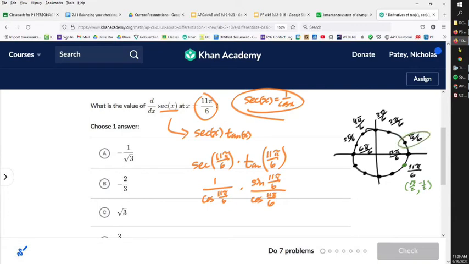Like this guy right here is related to him. See, if I wrote the coordinates of that one, it's rad 3 over 2, and that's 1/2. What's that called? Oh, they have a similar reference angle? Is that it? Or whatever. It doesn't matter. So this one right here is cosine, and this is sine. This is cosine of 11 pi over 6, and this is sine of 11 pi over 6.